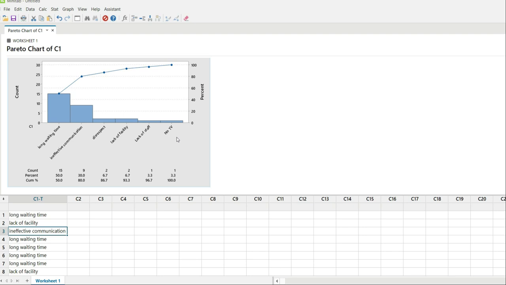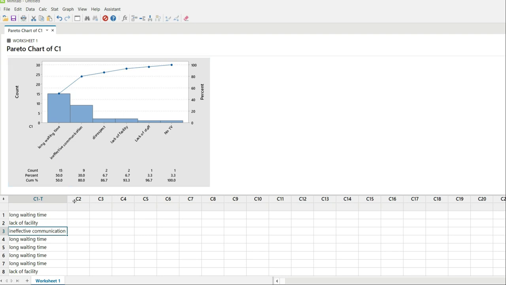Okay. Now we'll see what the things available in the Pareto chart are, as per the output. The first one is the count. What is count? It's about frequency. What does it mean?